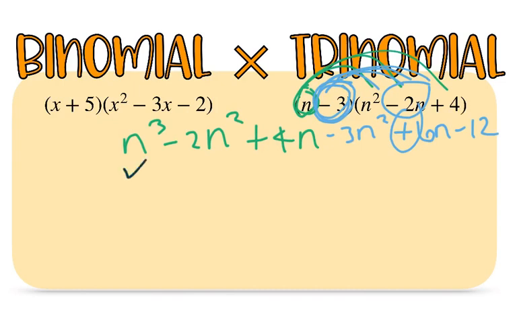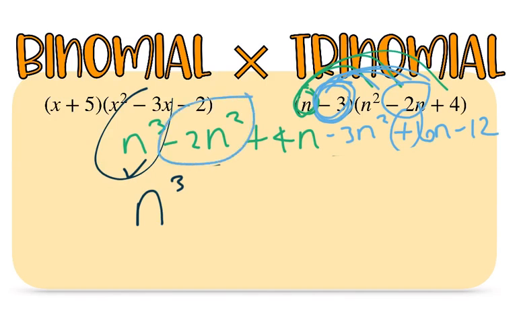So first let's look at this n cubed. Are there any other cubes? Not here, not here, not here, not here, not here. So there's nothing else that has an n cubed. So I cannot combine this with anything else. So I'll start writing that in my final answer. Okay, next up, I have an n squared. Is there any other n squared term? Yes, right over here. So I have -2 on this side, -2n squared, and -3n squared over here.